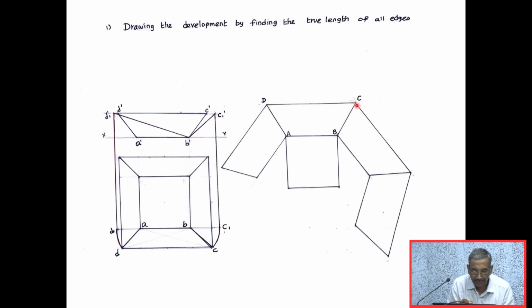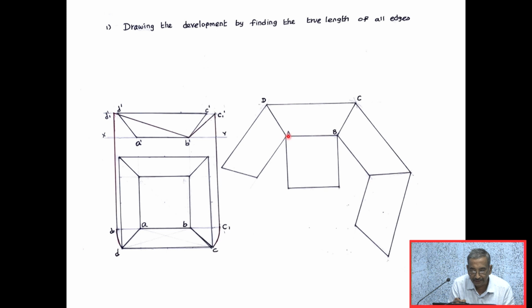Then I know the true length of the diagonal BD, which is also equal to the true length of AC. So from A as center, the true length of the diagonal BD as radius, I will be drawing an arc. The intersecting point will be C. Likewise, I can locate the point D also.